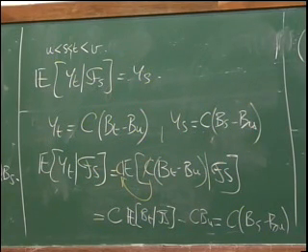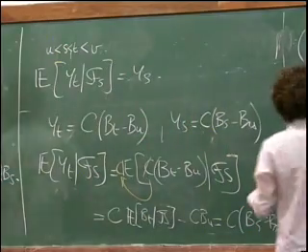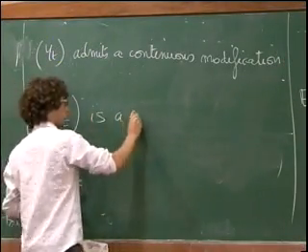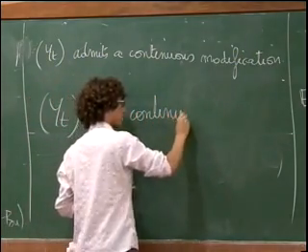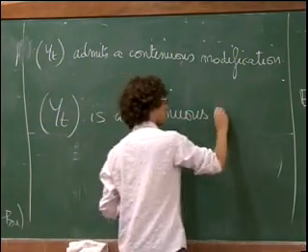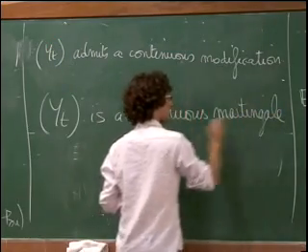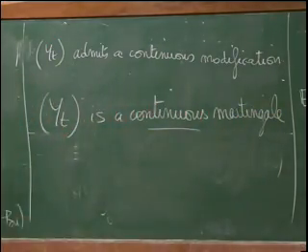So this part, I will not explain it, but the conclusion is that Y_t is a continuous martingale. Okay. So that was the blah blah.